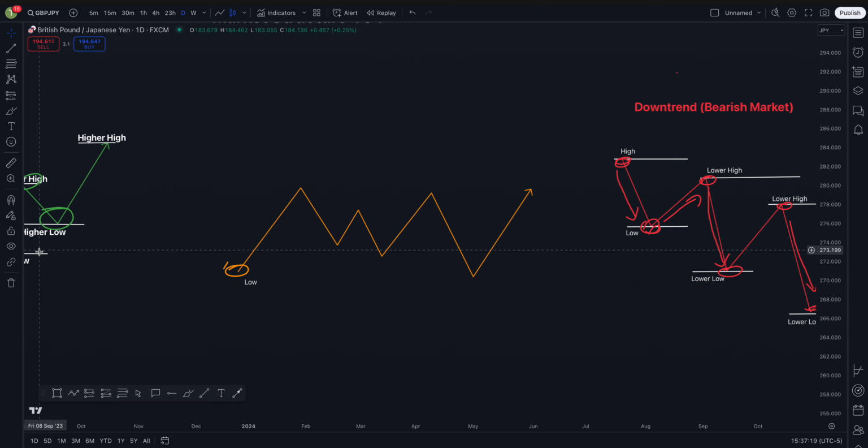So price started at this low. Let's put a line right there, just so you can see.